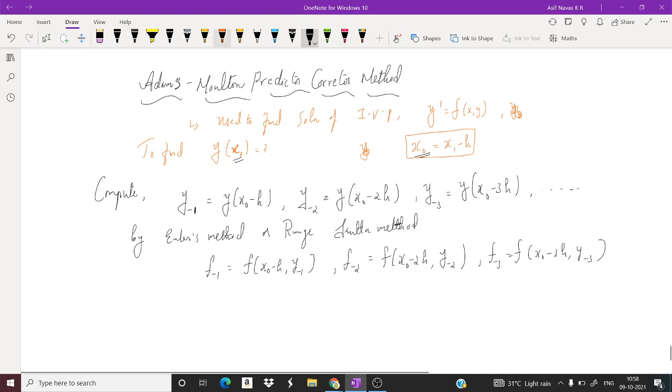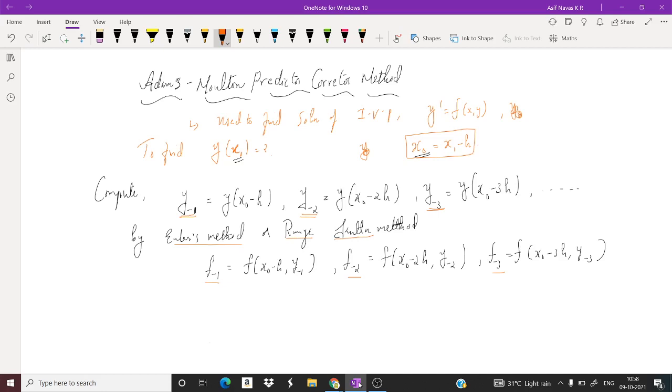So once we have y minus 1, y minus 2 and y minus 3, either given in the question or found by Euler's or Runge-Kutta method, we can find f minus 1, f minus 2 and f minus 3.